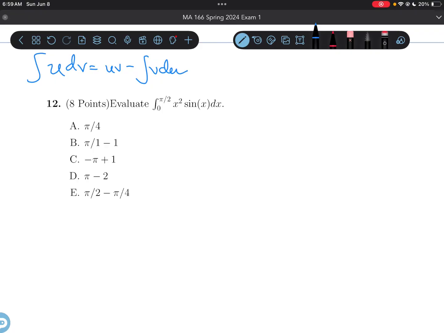Integration by parts is useful anytime we have logarithms, polynomials, trig functions, or exponential functions. In this case, we have both a polynomial and a trig function, and we can use that formula to do integration by parts.